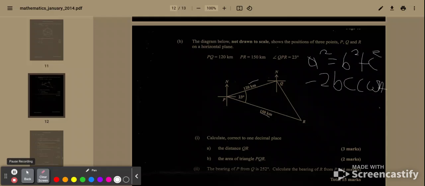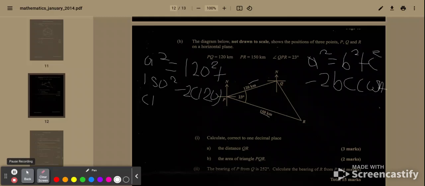So a squared is equal to, I'm going to make 120 kilometers b, 120 squared plus 150 squared minus 2 times 120 times 150 times cos 23.